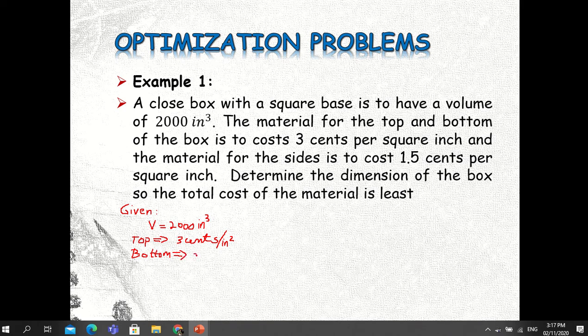We are given the cost of 3 cents per square inch. And for the sides, the cost is 1.5 cents.